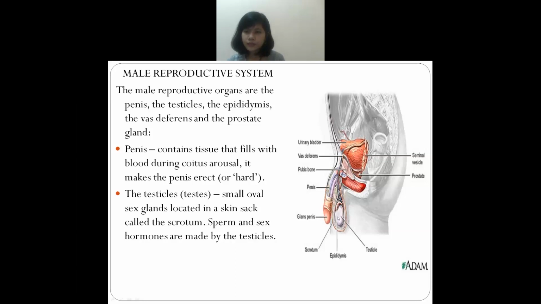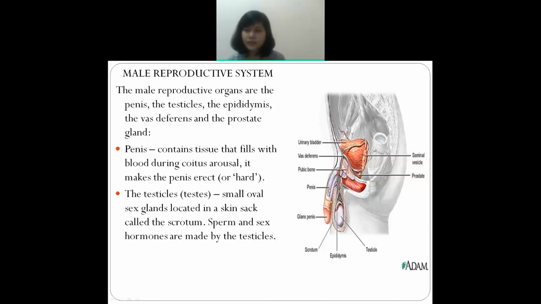Next is the epididymis, then the vas deferens. Another organ you can see is the prostate gland. So these are the parts of the male reproductive organs.